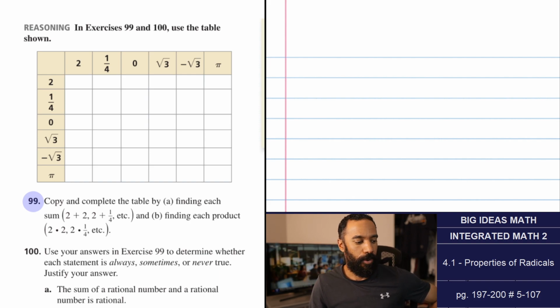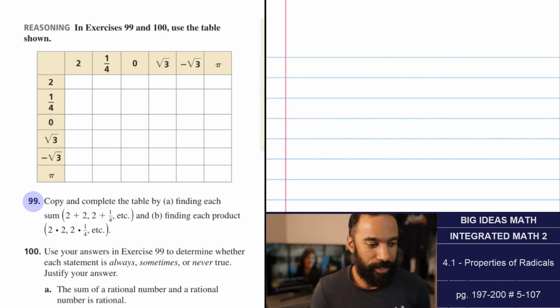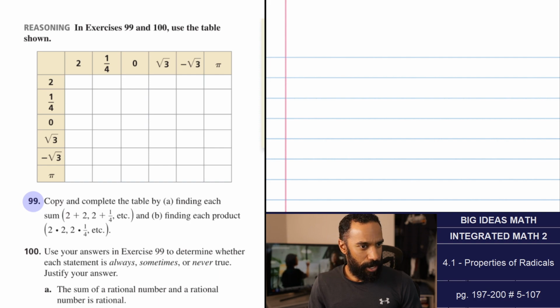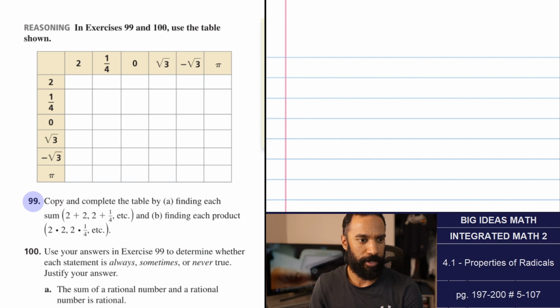All right. We have a little bit more to go here where we are going to do 99 and 100. Use the table shown. I'm going to copy and paste that table. That looks kind of big.